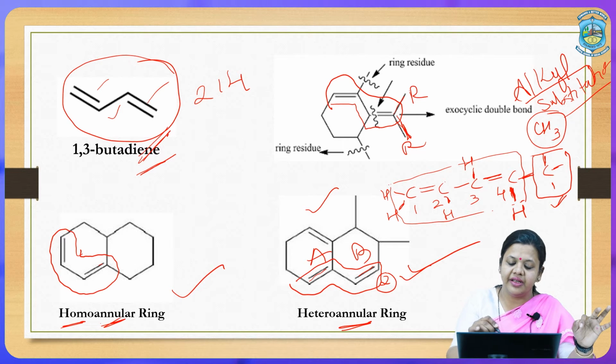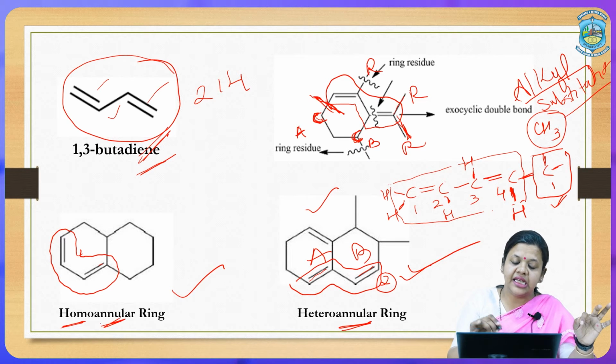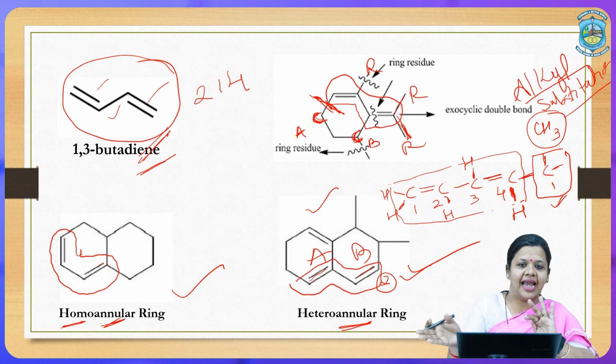If it is not H, if R is written, that means it is also an alkyl substitute. And if I imagine that the ring is broken from here, this position is referring to a carbon. Then this end over here is also referring to a carbon. So, the position that I mark as A and the position that I mark as B, these two positions are part of the ring, or the ring residue, and they are equivalent to an alkyl group only.